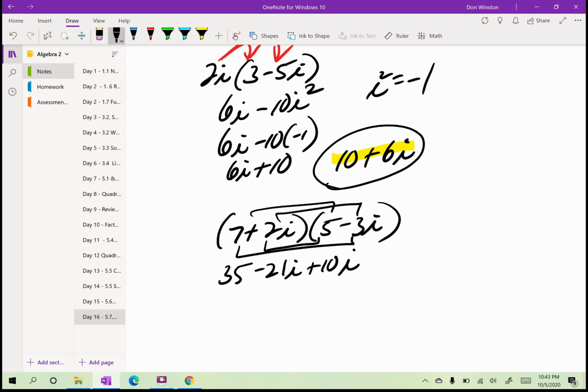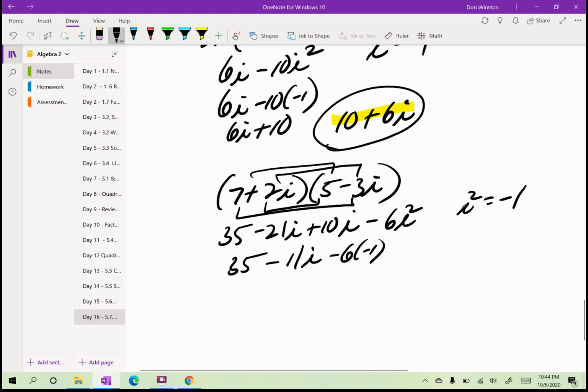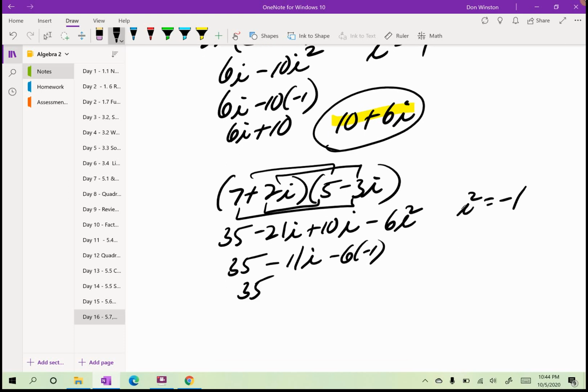And then 2i times negative 3i is a minus 6i squared. Remember, i squared equals negative 1. So what I have, 35 minus 11i, and then minus 6 times my negative 1, but that's 6. So I have 35 minus 11i plus 6, because i squared is negative 1. And then so finally I get 41 minus 11i. Okay? So there, final answer.